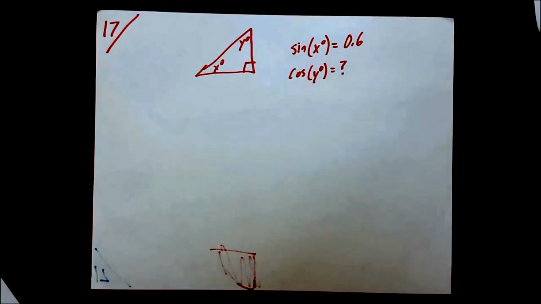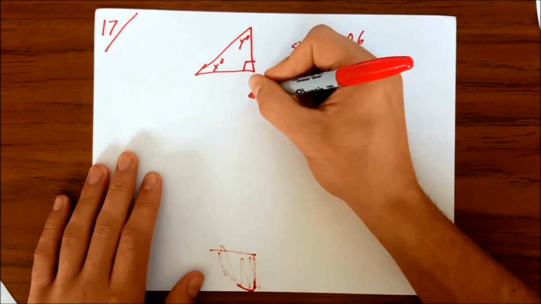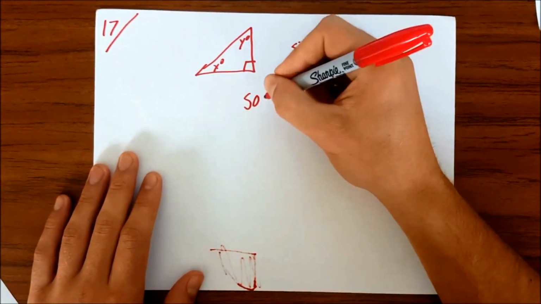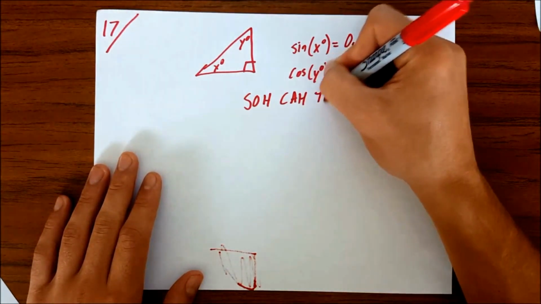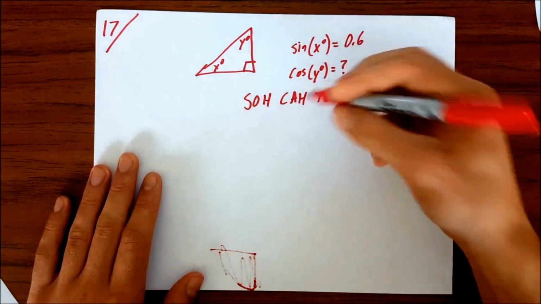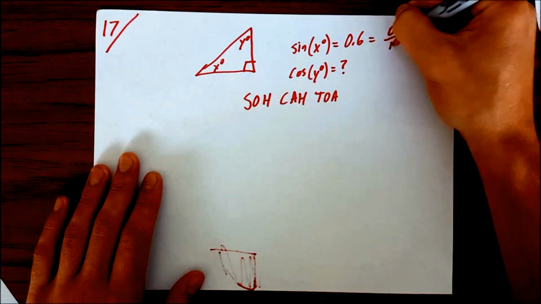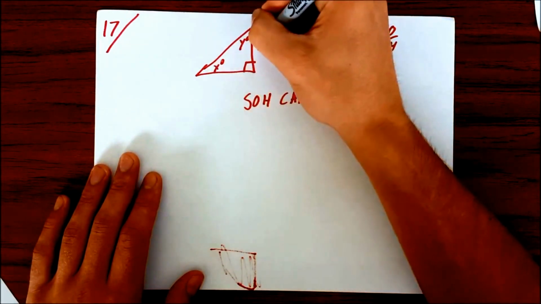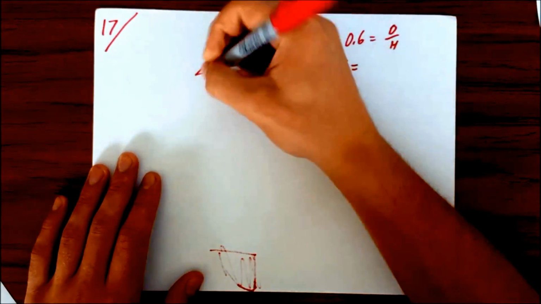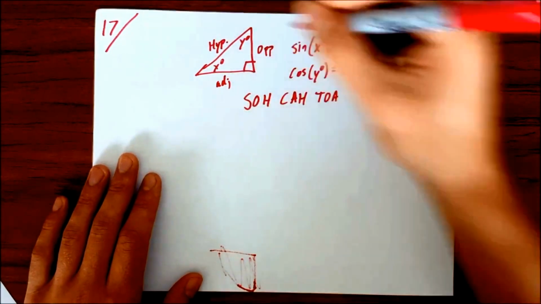Alright, so what you should do here is remember SOHCAHTOA. Sine is opposite divided by hypotenuse. If you're looking at this angle here, this would be the opposite, this would be called the adjacent, and this would be called the hypotenuse.